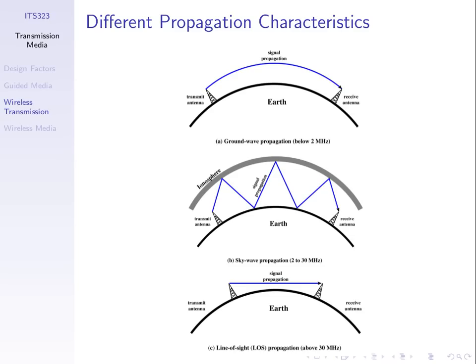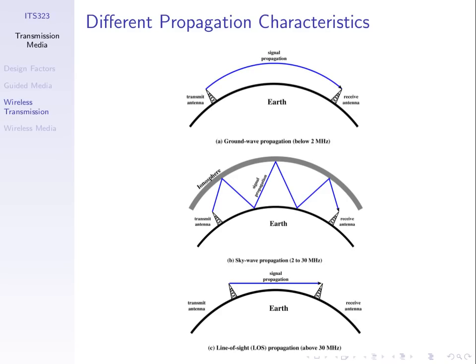Ground wave propagation, follow around the Earth. Skywave propagation, if we're using between 2 and 30 megahertz, effectively bounces off the ionosphere and the Earth. So we send a signal up, it bounces back down to Earth and up, and again we can use this technique to send the signal around the Earth, from Thailand to somewhere in Europe.